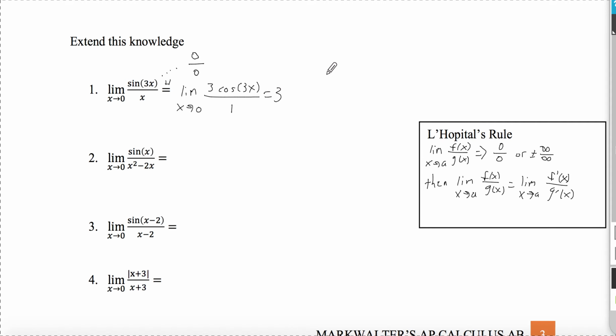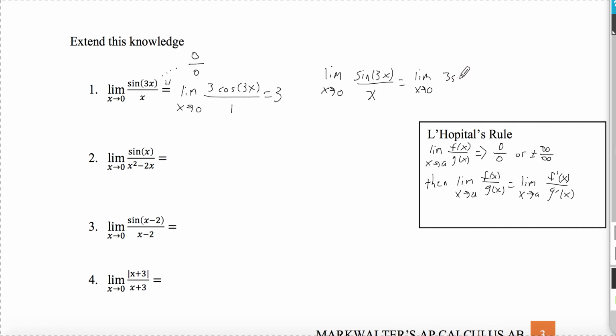Now, if we wanted to, we could have used some other manipulation. We could have said the limit as x approaches 0 of sine of 3x over x is equal to, well, as long as I multiply by 1, I can keep this the same and manipulate this kind of creatively. So I could say the limit as x approaches 0 of, let me multiply the top and bottom by 3.